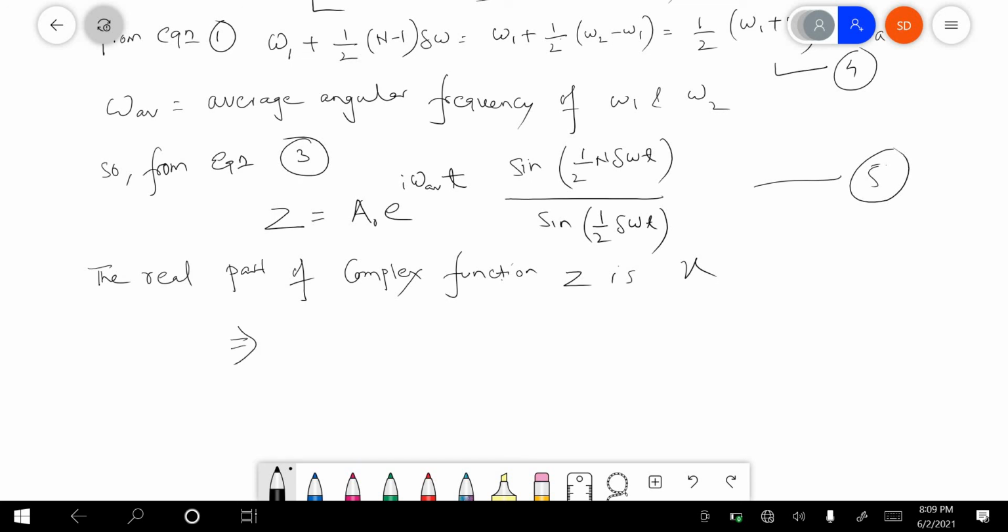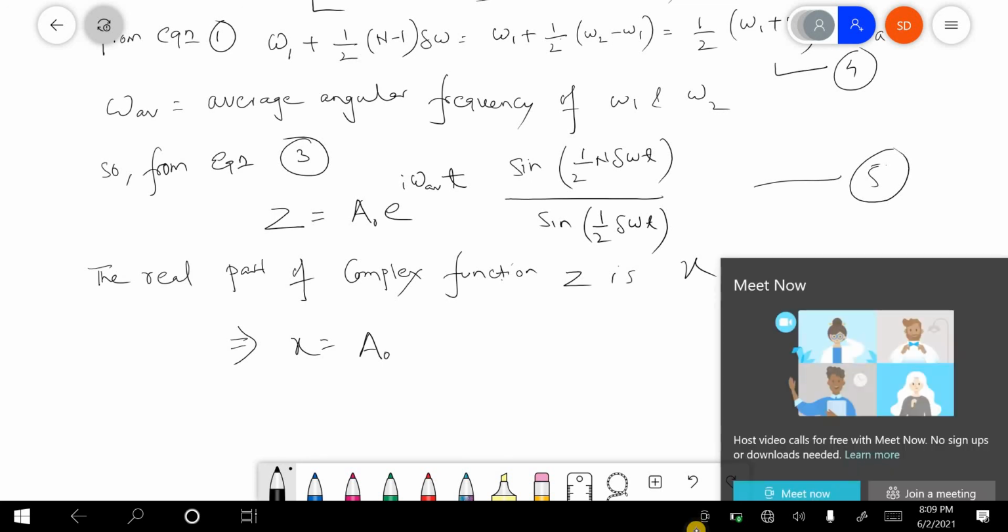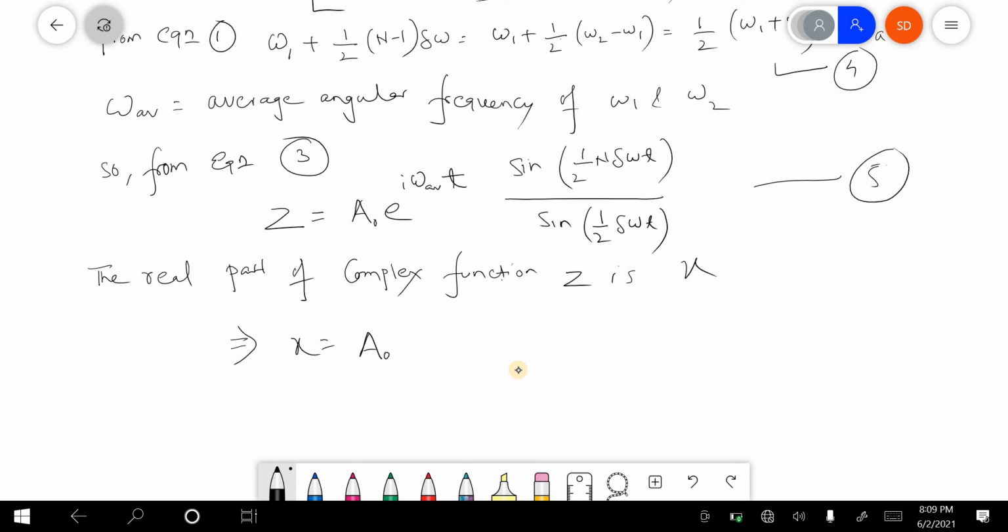So this gives x is equal to, sorry, a naught times sine half n del omega t divided by sine half del omega t, times cos omega average t.